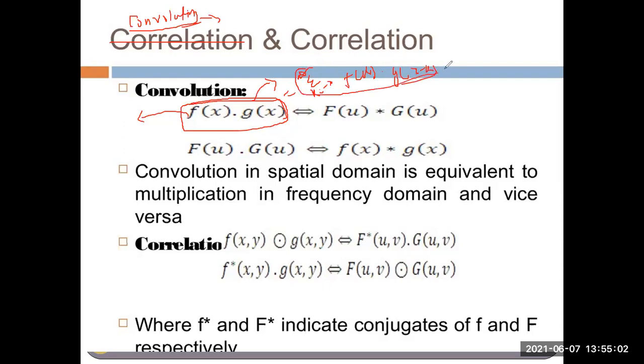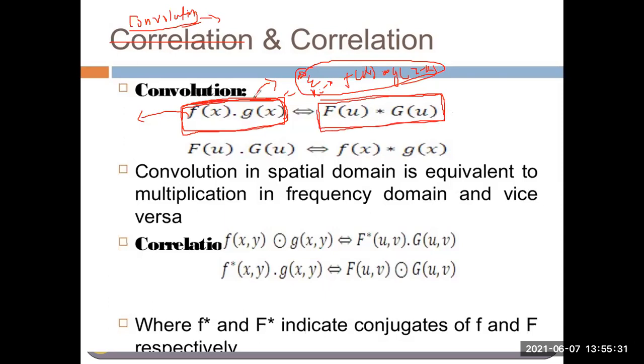So the convolution of these two signals is found with the help of this equation. Now it is very complex to find the convolution, but it is much easier to find the multiplication. So instead of finding the convolution in the spatial domain or time domain, I will find the multiplication in the frequency domain.